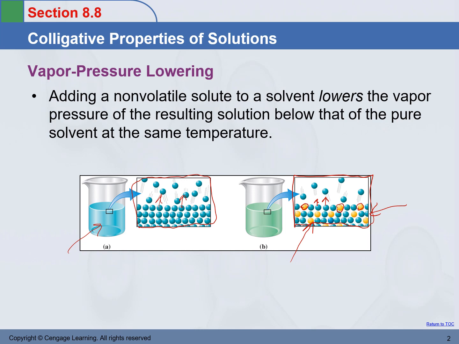If the solution evaporates slower, eventually, when it reaches equilibrium with the condensation of the particles, it will need a slower rate of condensation to equilibrate with the evaporation in the case of the solution, which means when the equilibrium of the 2 processes, evaporation and condensation, is reached, there are fewer solvent particles in the space above the solution.